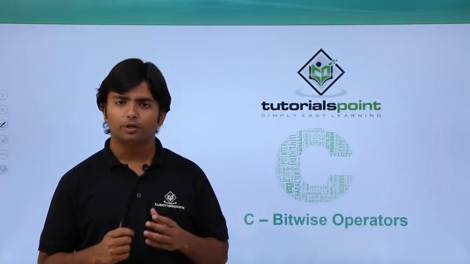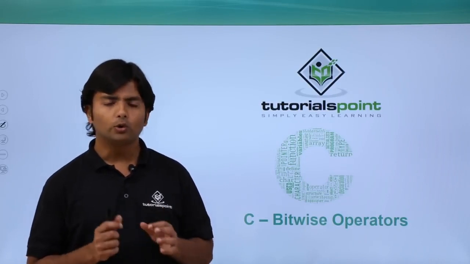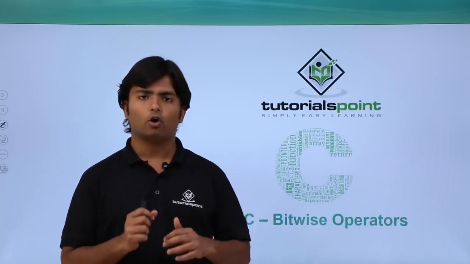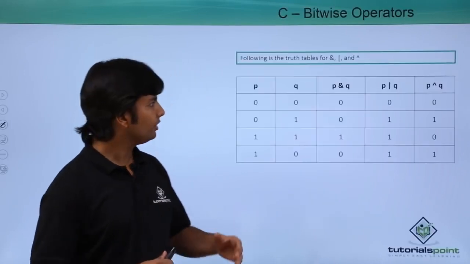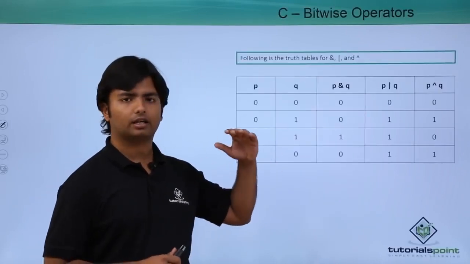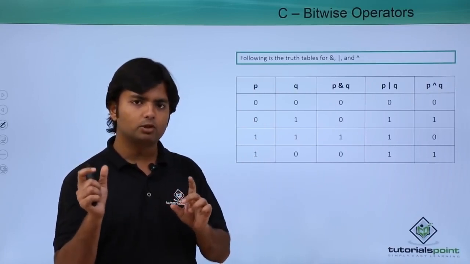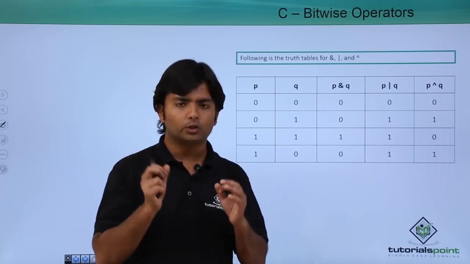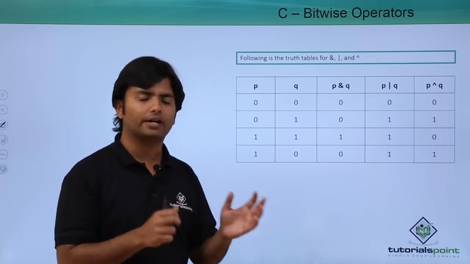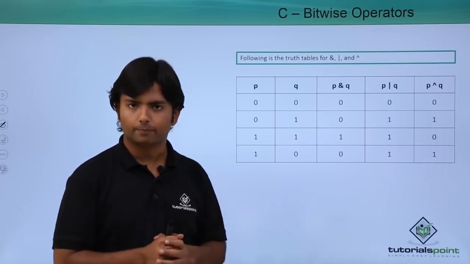We will cover bitwise operators. Bitwise operators are the ones which directly work on the bits of any particular value. For example, if we have a variable like int a is equal to 1213, by the time you store that particular value in a variable, it will first be converted into binary and then it will get stored in the memory.